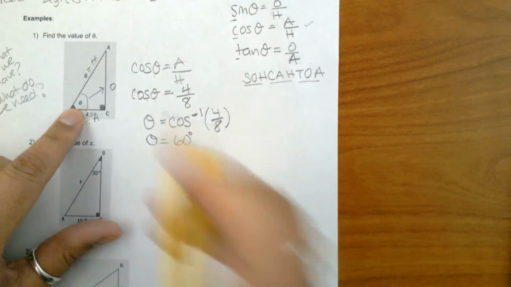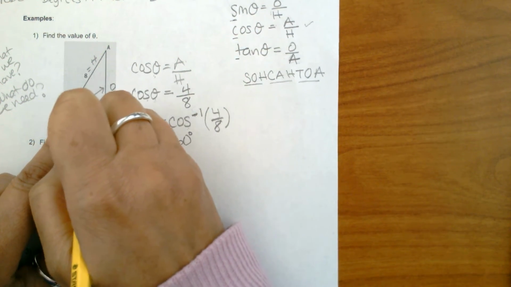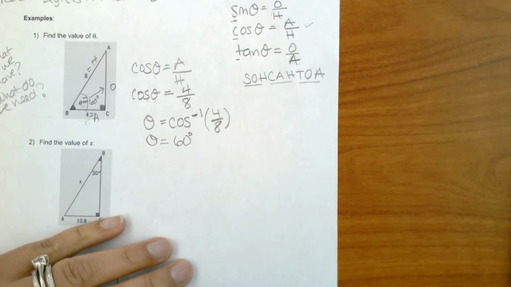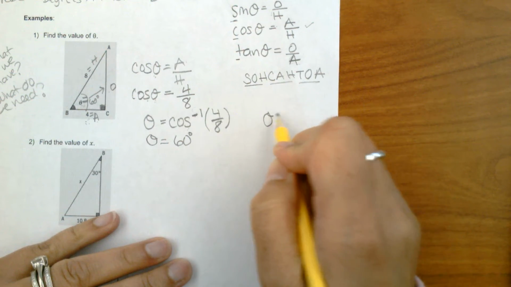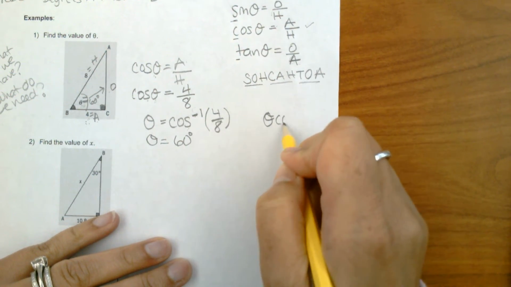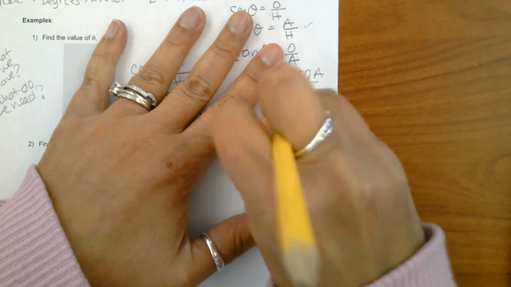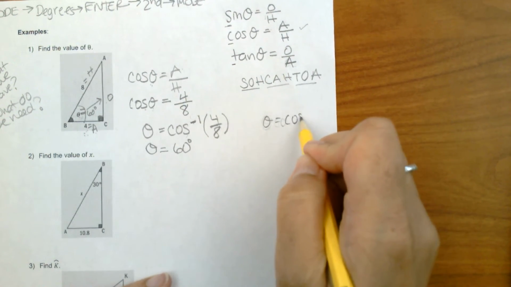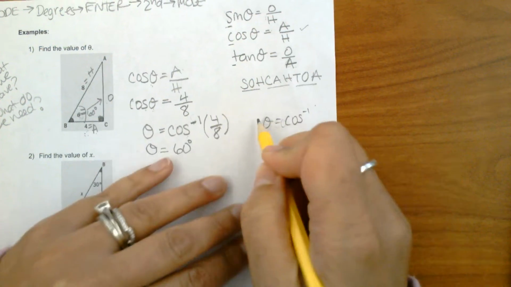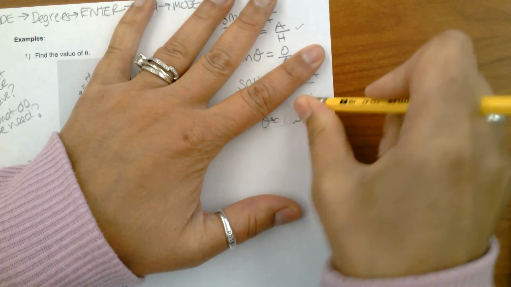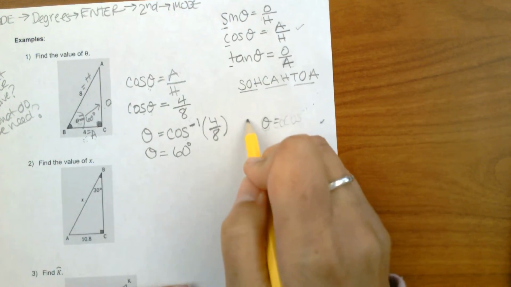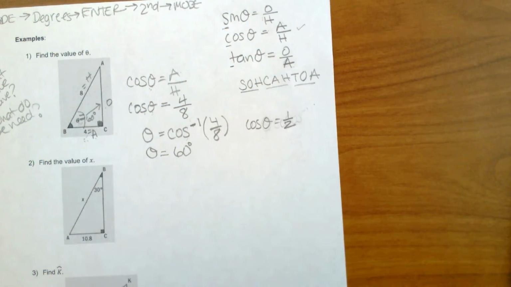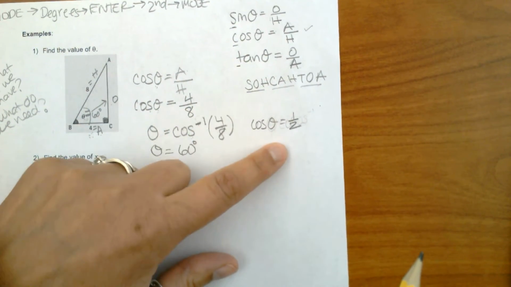Yay! So this angle measurement right here equals 60 degrees. Now, if you didn't have a calculator, you would have gotten to cosine theta equals 1/2, because remember, 4/8 is 1/2.